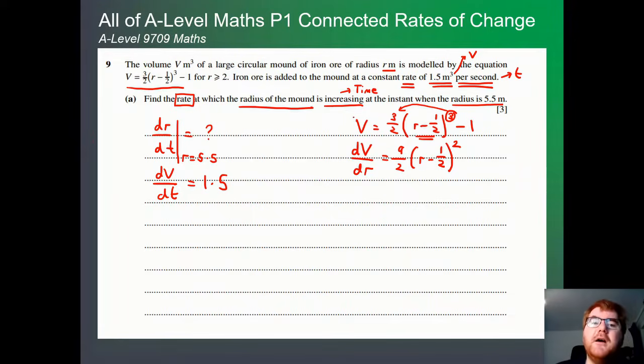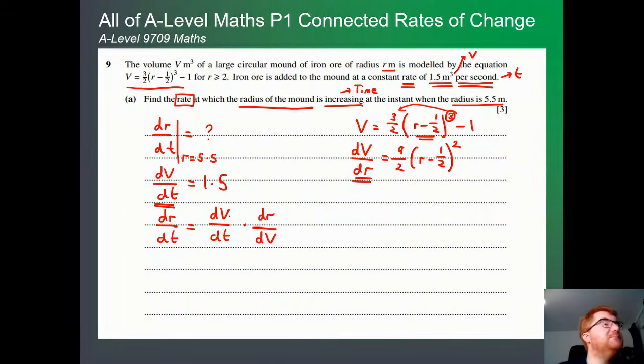Now we're going to set up our chain rule so we can actually work out this dr by dt. So dr by dt is equal to, and then we need to match essentially these two derivatives so we can cancel out, in other words, the dv. So the way I'm going to set this up is dv by dt times, I'm going to flip this, dr by dv.